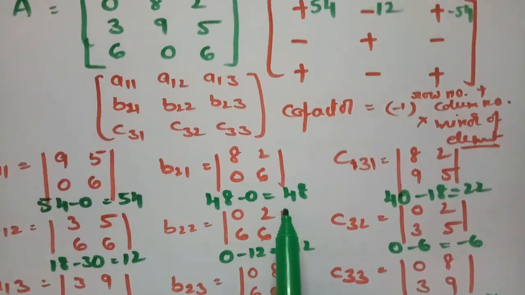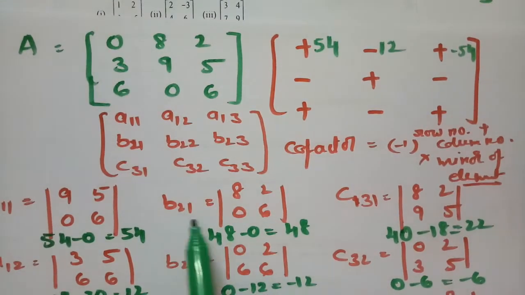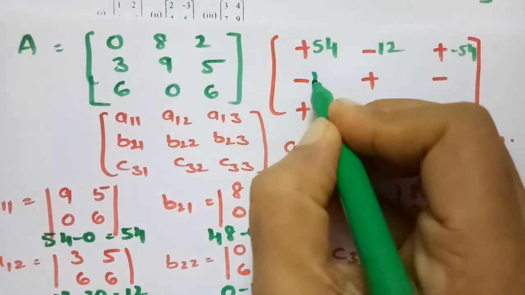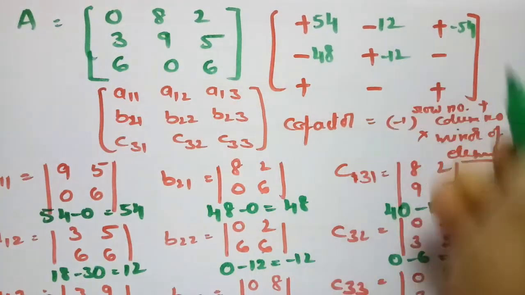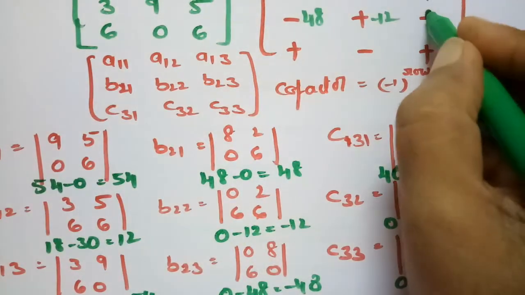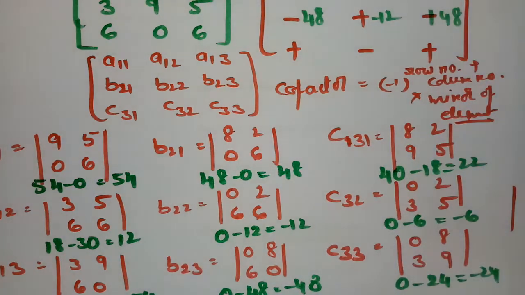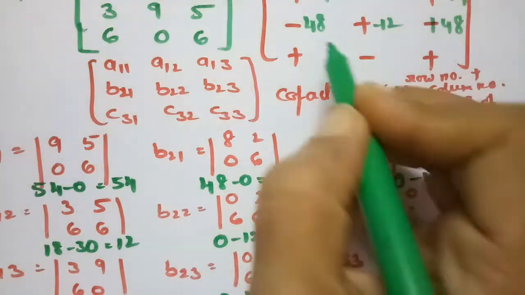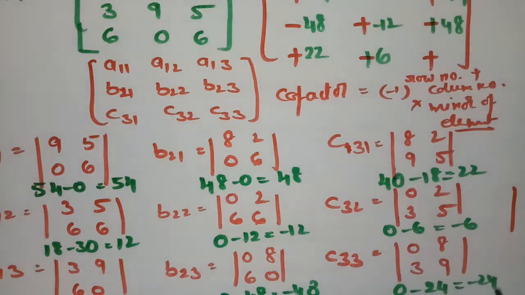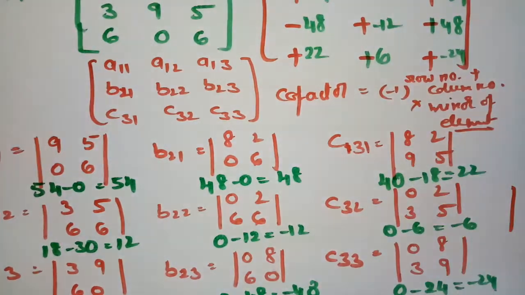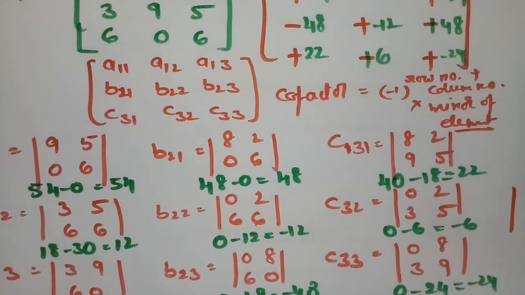And this position value is B21. B21 value is 48. So this one is 48, and this is minus 12, and this value is minus 48. So it will become plus 48. And the next one is 22. So this value is minus 6, and this will become plus 6, and this is minus 24. Therefore, we got the cofactor.